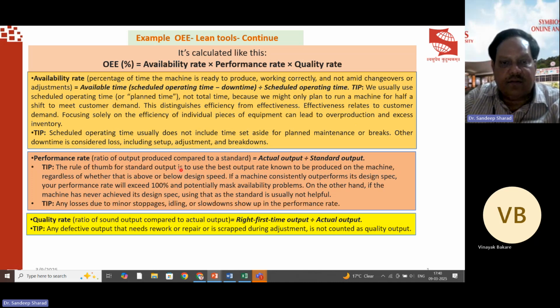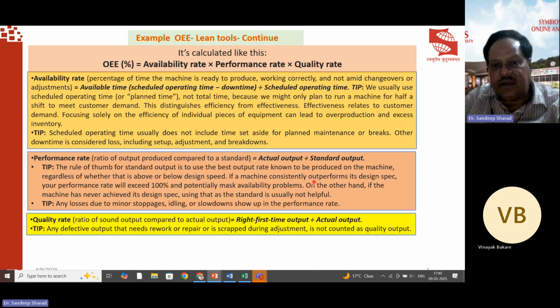Performance rate is the ratio of the production compared to the standard: actual output divided by the standard output. Tip: the rule of thumb for standard output is to use the best output rate known to be produced on the machine, regardless of whether that is above or below design speed.